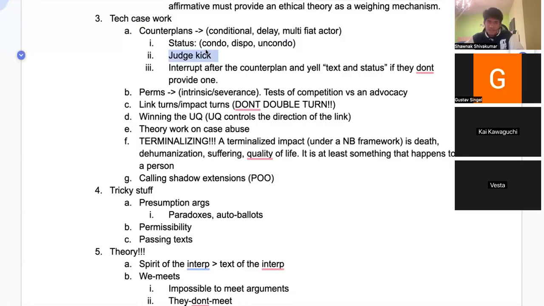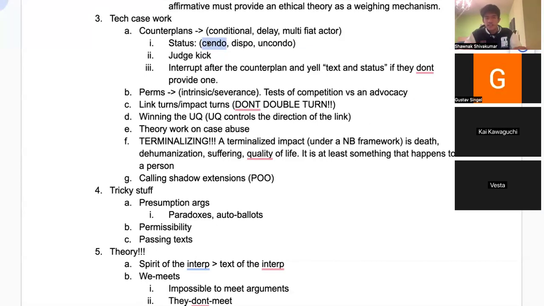Judge kicking, once again, is very nuanced. Judge kicking is an argument that, given condo, I think only condo, if the status of the counterplan is condo, and at the end of the round the neg hasn't kicked the CP, so the neg continues to defend the CP through its entirety, the judge may evaluate the status quo as an option of the negative, even if they haven't explicitly kicked the CP.